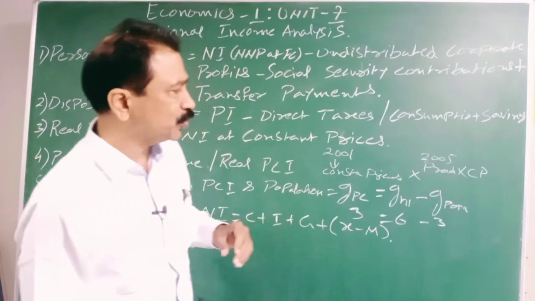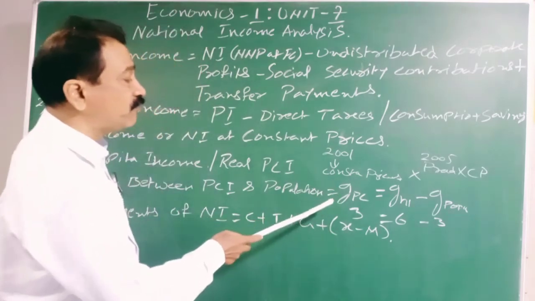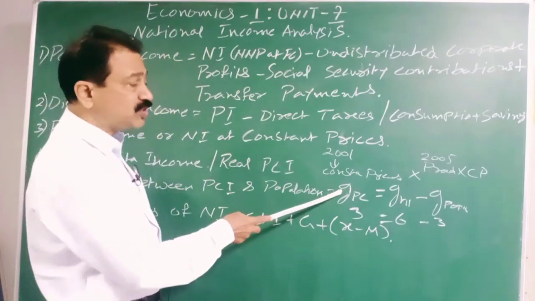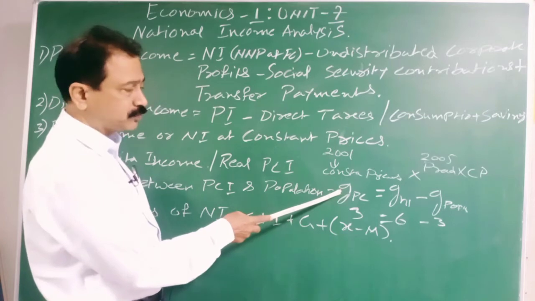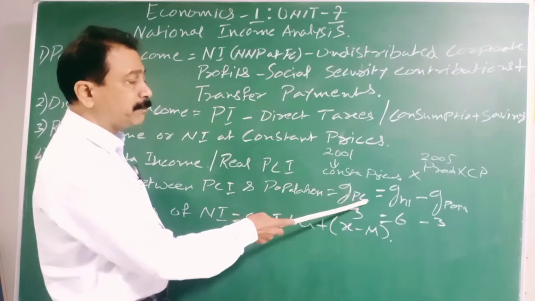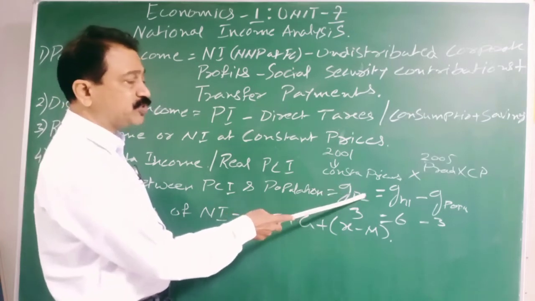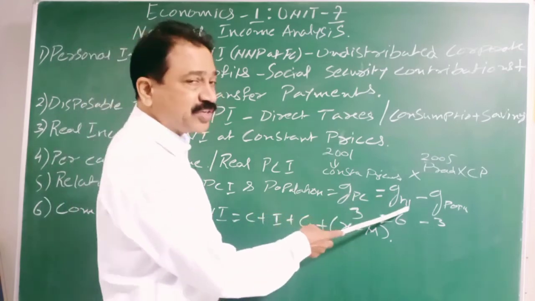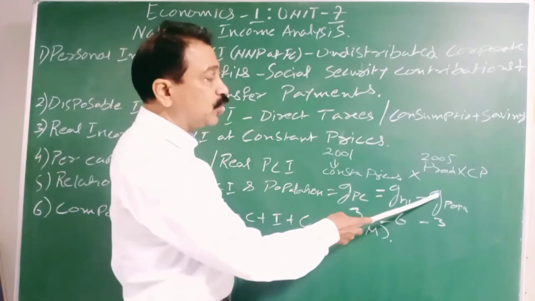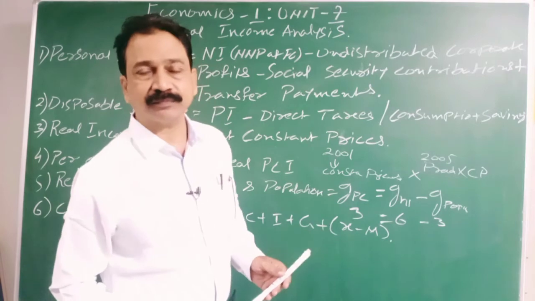I will show you how to calculate that. So first we have to take the growth rate of per capita income equals the growth rate of national income minus the growth rate of population.